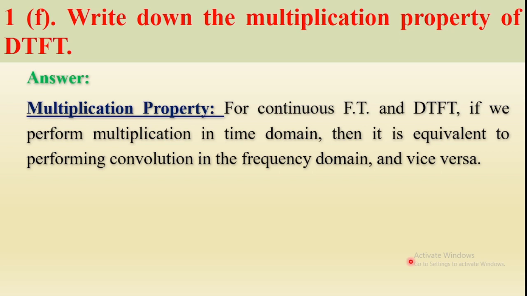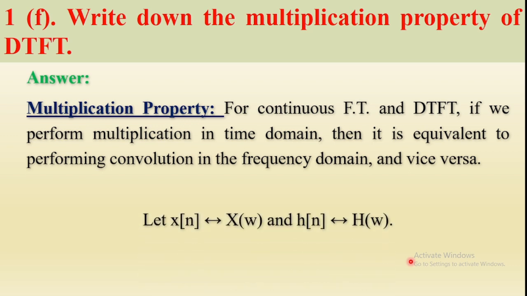That is, the discrete time Fourier transform of convolution of two sequences is equal to multiplication of their frequency domains, and that is the time convolution property and frequency convolution property. Multiplication of two time domain signals is equal to convolution of their spectra. So that is the multiplication property of the discrete time Fourier transform.